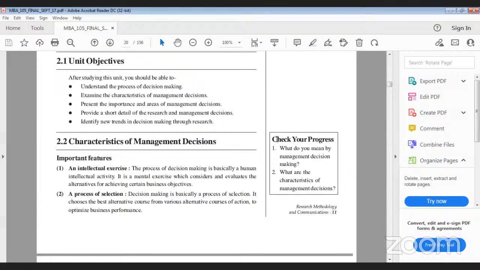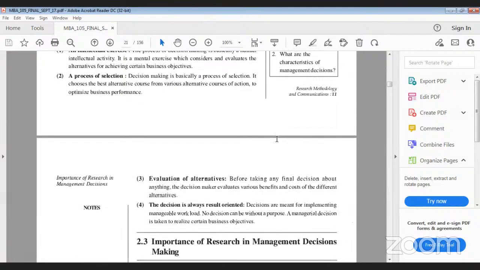It is a mental exercise which considers and evaluates the alternatives for achieving certain business objectives. Second, a process of selection. Decision making is basically a process of selection. It chooses the best alternative course from various alternative courses of action for optimum business performance.